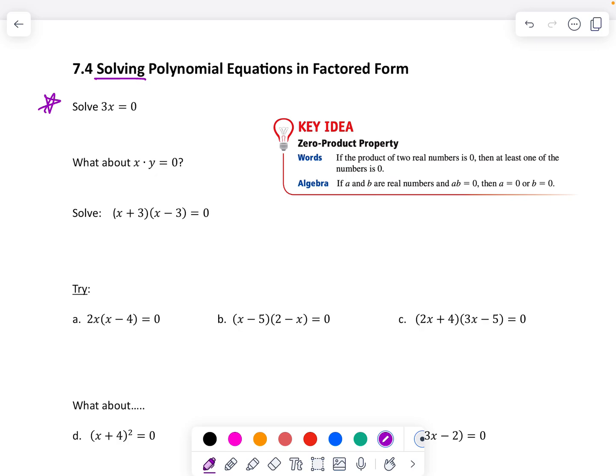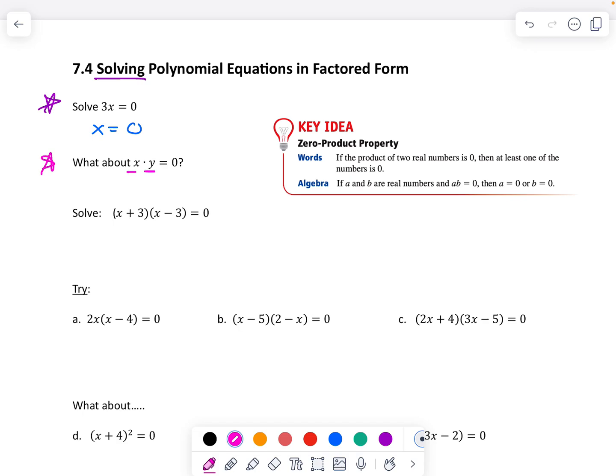Well, this is really key for this section. I think we will all agree that x equals 0, because the only way we're going to get 0 as an answer, 3 times 0 is 0. That's it. So what about if we have x times y equals 0?